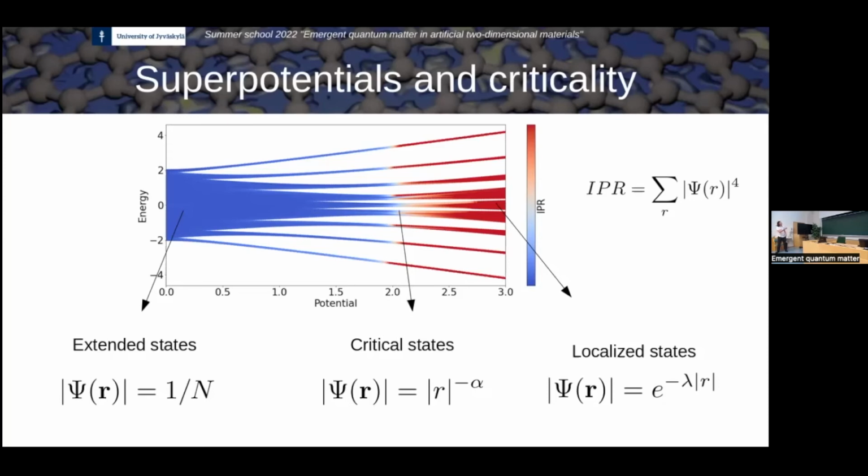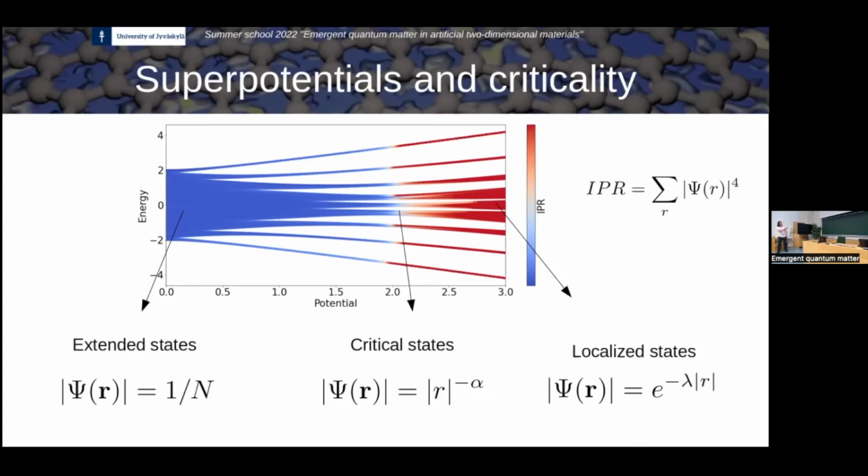No, the blue stays blue because even if you take an infinite number of sites, your IPR is going to take a value that is 0 or at least 1 over n. Okay. So all these states are going to keep the blue color as you go to infinity. But then you should color the gaps also blue, because it's a question of the spectral function basically. And if you have a gap, inside the gap the spectral function is also 0. Yeah, but this is actually not the spectral function. So this is just the eigenvalue actually. But I think the IPR is something else than 0 inside the gap.